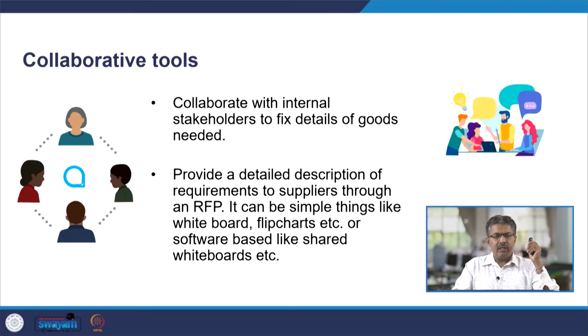And in collaborative tools, as I said, with internal stakeholders, it helps you collaborate to fix the details of the goods needed. As I said, with your manufacturer, distributor, retailer and wholesaler, you have a relationship, a collaboration, and you come to know how many units of a product have been sold from the retailer's end, and how many from the wholesaler's or distributor's end.